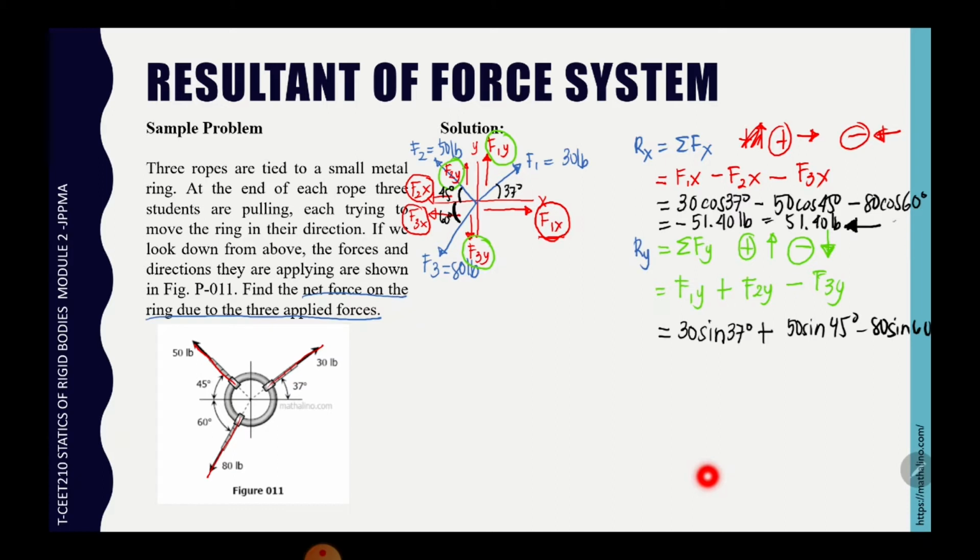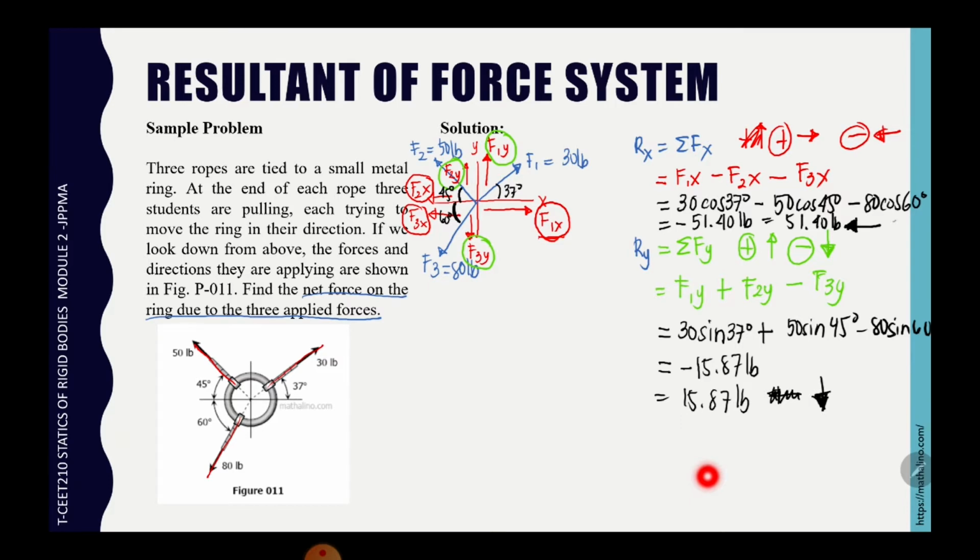Yan, gamit yang lahat ng naka-color green na circle. Okay? And by solving 15.87 pounds, ang answer natin is 15.87 pounds going downward. Kasi negative siya.